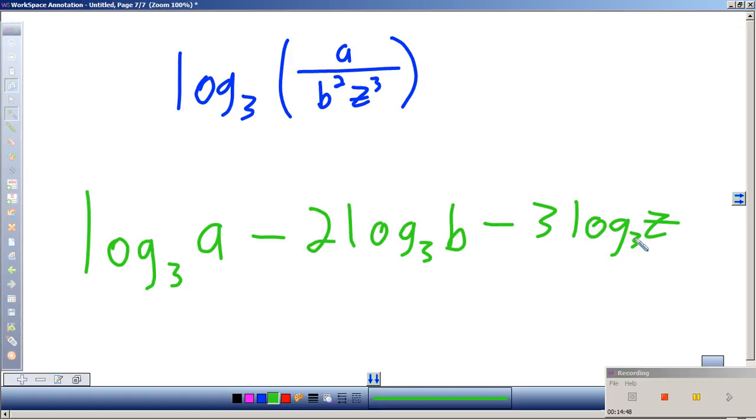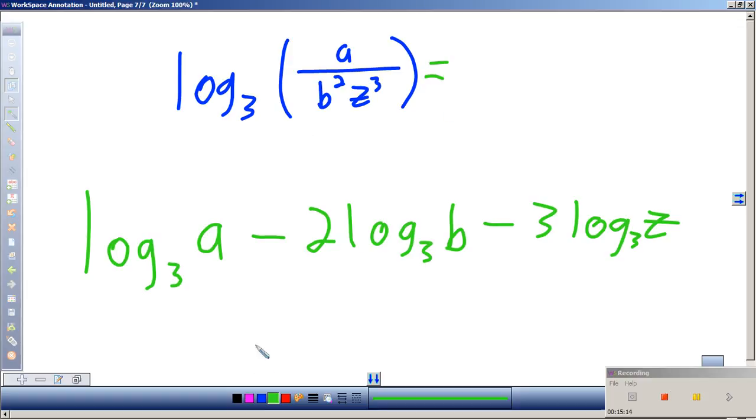Okay, is everybody with me? What happened? Would it be plus 3 log 2 because we're multiplying this denominator? That's another important point. No, it is not, because it is in the number.